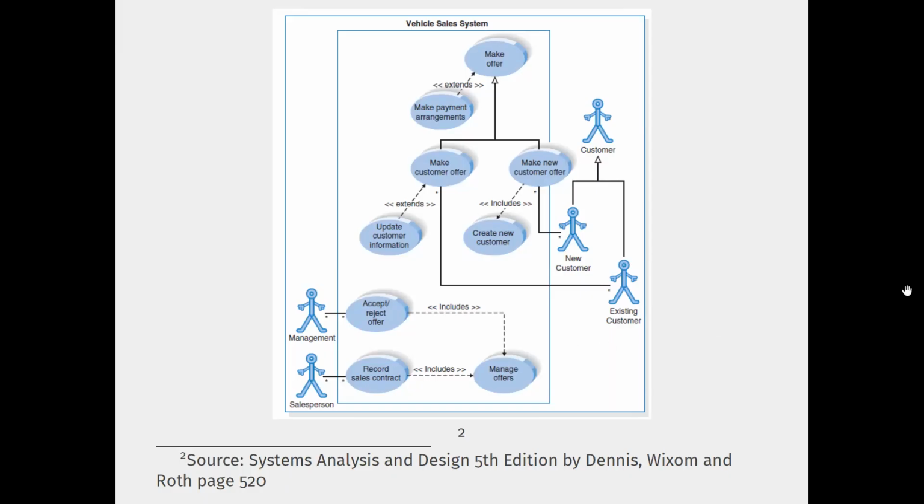We have another example. In this use case diagram, you can see there are 5 users: we have management, we have a salesperson, we have customer. For customer, we have a separate relationship. Customer can be divided into new customer and existing customer.